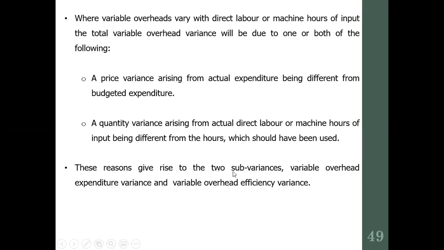These reasons give rise to two subvariances. So you can work out two variances, the expenditure variance and the efficiency variance. And then you can attribute the total variance into these two, and you can exercise more control.